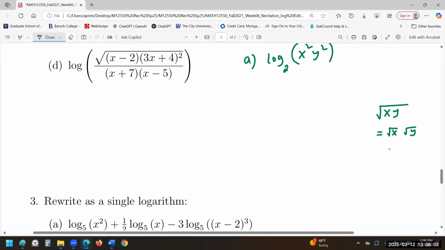Yes, you're allowed to do that because this is a power and we can always distribute the power to everything inside our base. So step 1, distribute your radical to the first term and second term. So we have square root of (x minus 2), square root of (3x plus 4) squared.